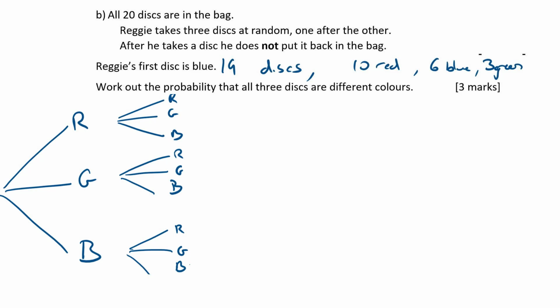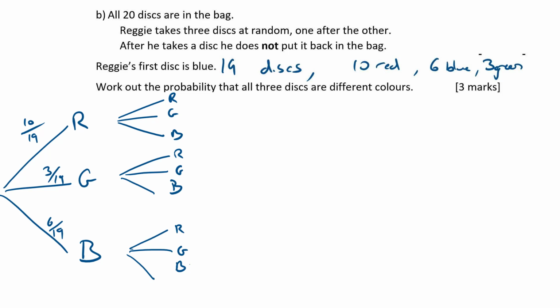So what are the probabilities along each of those arms? To start off with, there are 10 red out of 19, 3 green out of 19, and 6 blue out of 19.